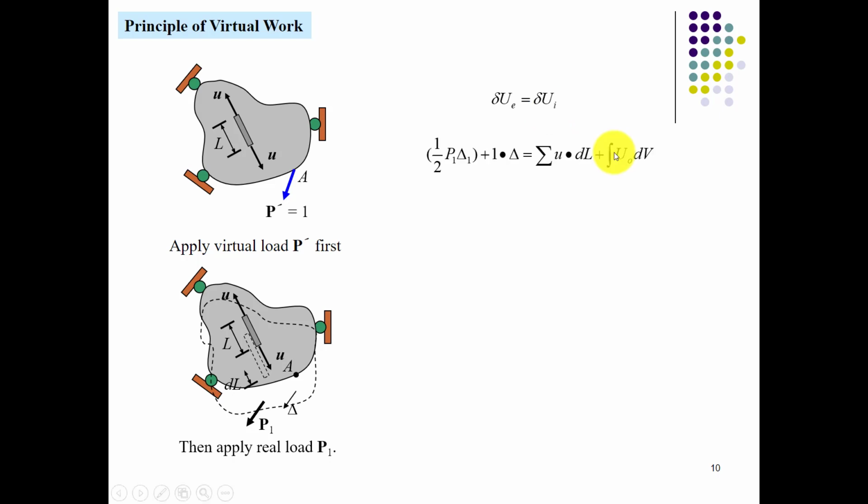So we are considering it as a bar element. The internal work done would be like N over EA, something like this, and you have the external work done, and the external work done minus the internal work done equals 0.